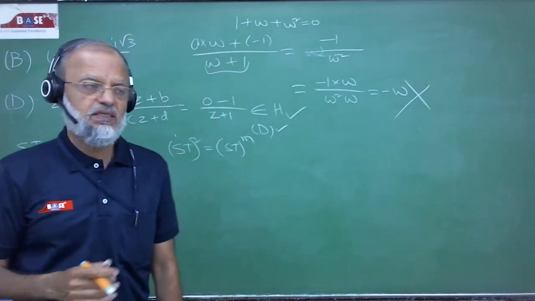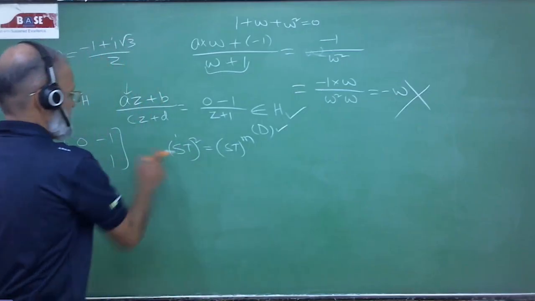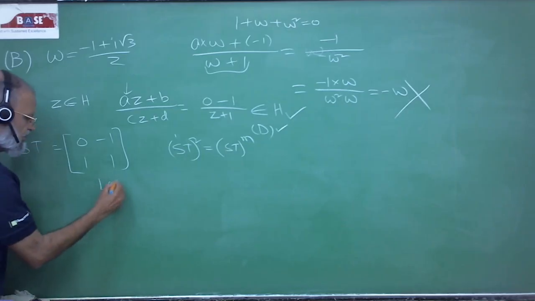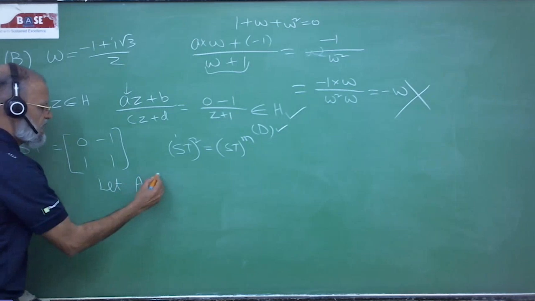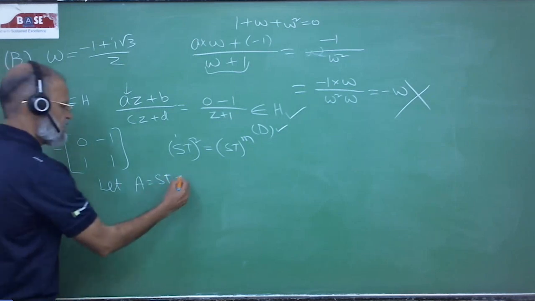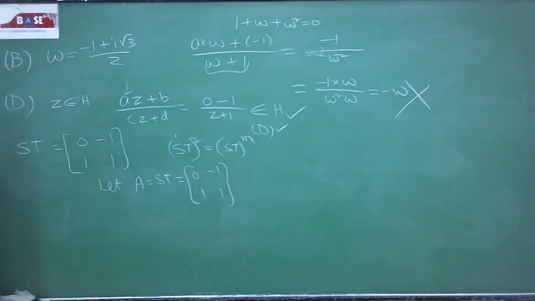First of all, I will find out which powers are equal to this. To understand that, I will make use of the characteristic equation. Let A be the matrix ST, so it is 0, minus 1 and 1, 1.